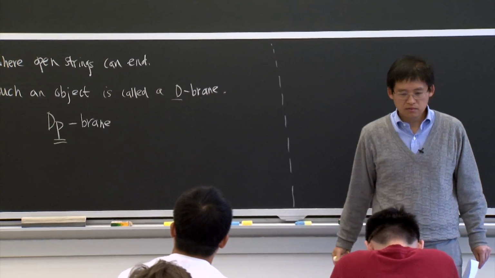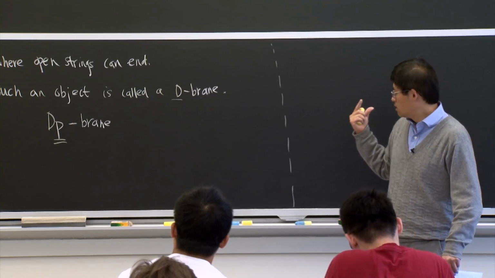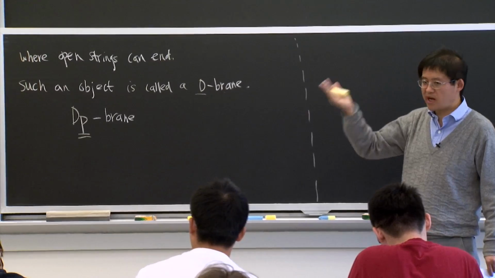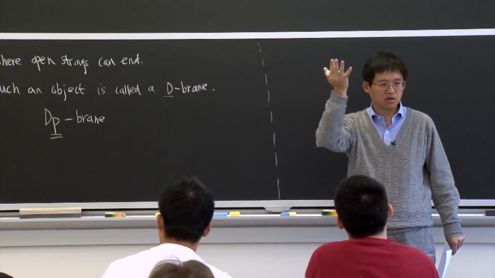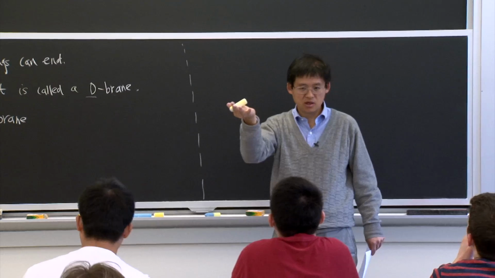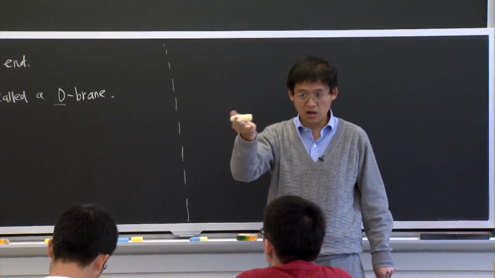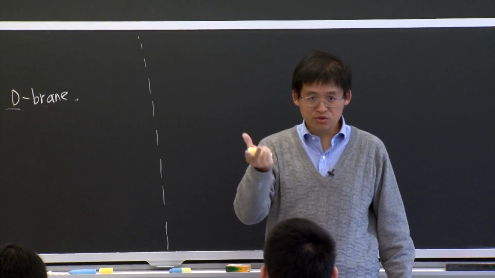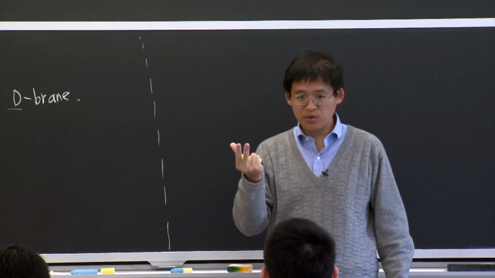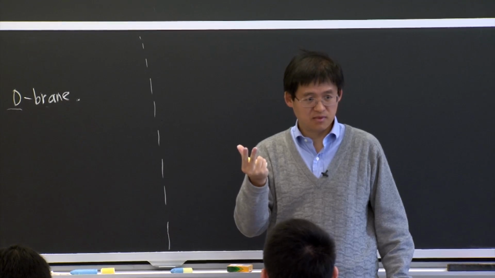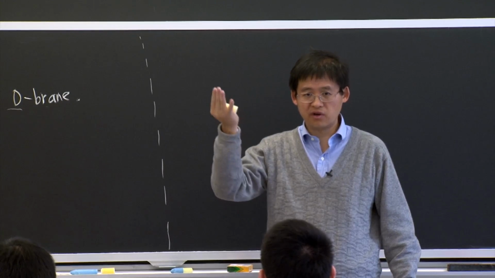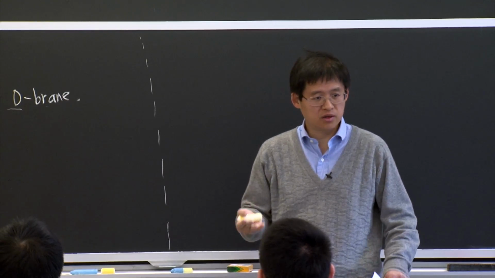So right now, a Dp-brane is merely a place where you impose a boundary condition, at which open strings can end. But we will soon see that actually a Dp-brane is a dynamic object, and it can move, can fluctuate, can jump around, etc.